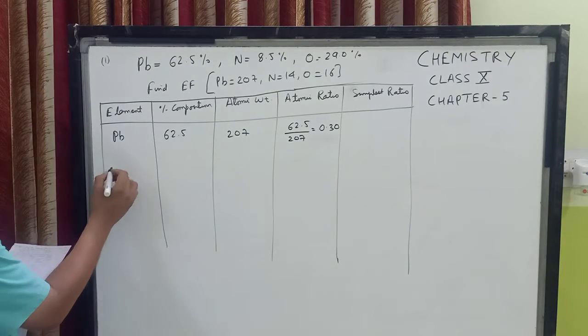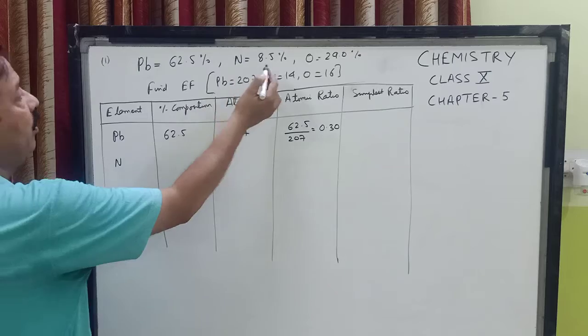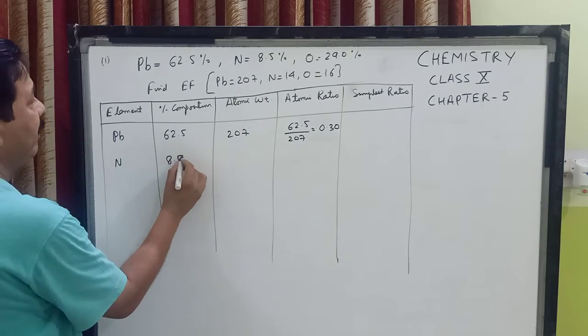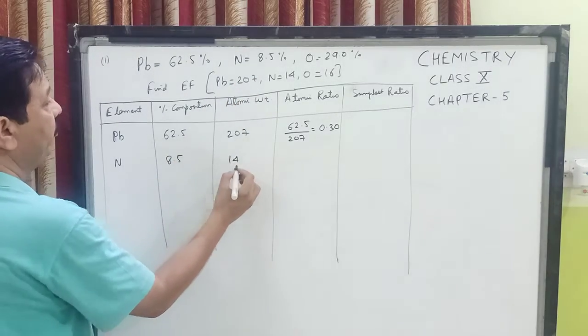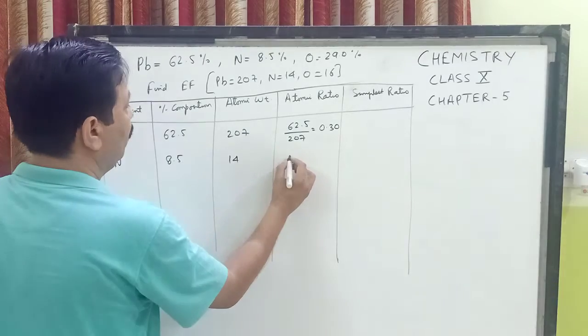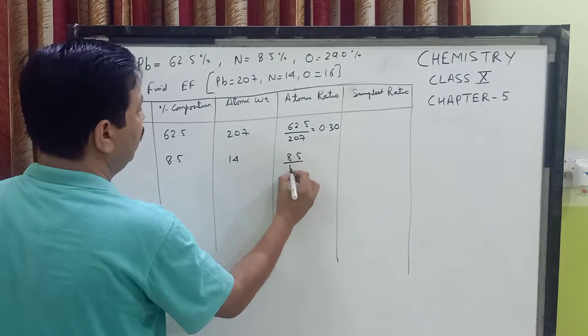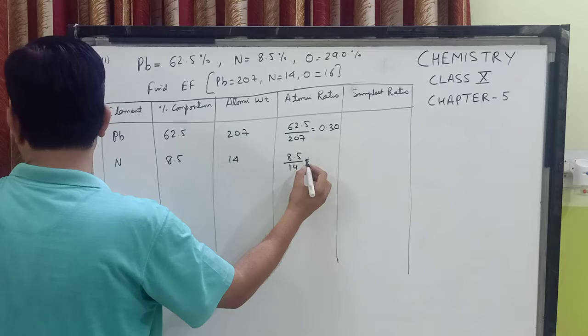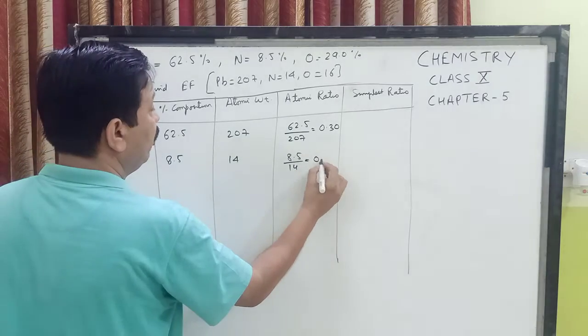Then we move on to nitrogen. The percentage of nitrogen is 8.5, its atomic weight is 14, and the atomic ratio will be 8.5 upon 14, and this value comes out to be 0.60.